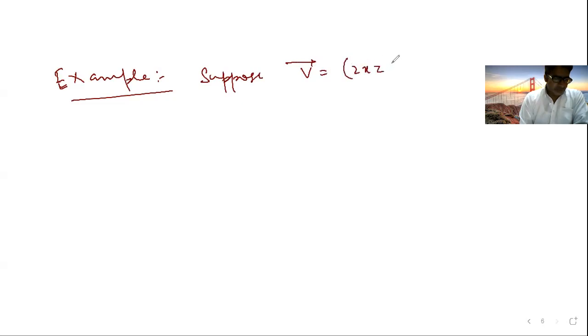The example is simple. The example says, suppose V is equal to xz i cap plus 3y square j cap plus 4y z square k cap. Right?